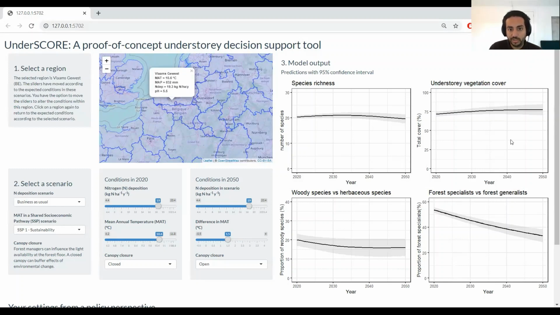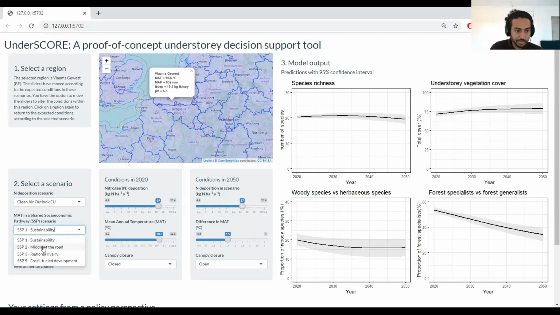It's really to get a handle on what the averages within these regions are doing. And the same goes for these trends. These are average properties that are propagated into the future. We can then also select a scenario. So let's select Clean Air Outlook for the nitrogen deposition. Then we see that this value has shifted, so there's a target here that is linked to policy incentive for that particular region. We can also change the climate change scenario.